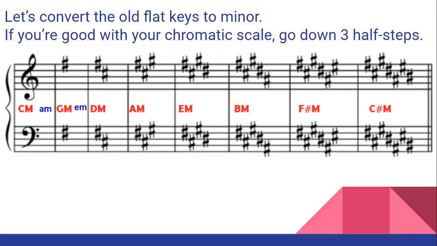E minor. What is the relative minor to D major? B minor. What is the relative minor to A major? F sharp minor. Make sure you got the sharp in there. What is the relative minor to E major?